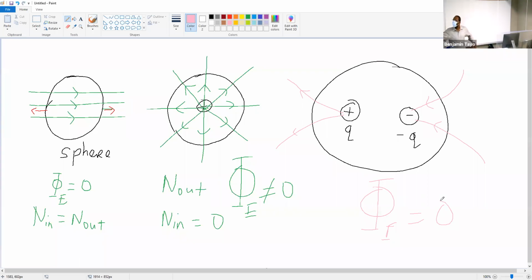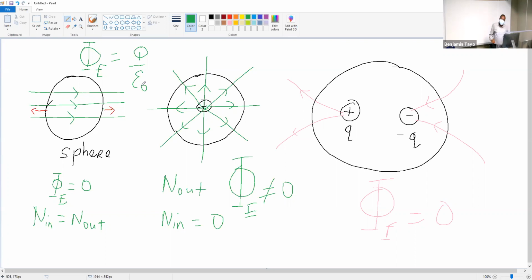Now, what you're going to see, and this is Gauss's law. Gauss's law tells me that the total flux must be equal to the total charge that I have inside divided by this quantity here.